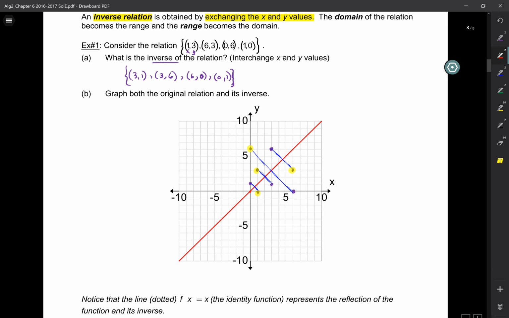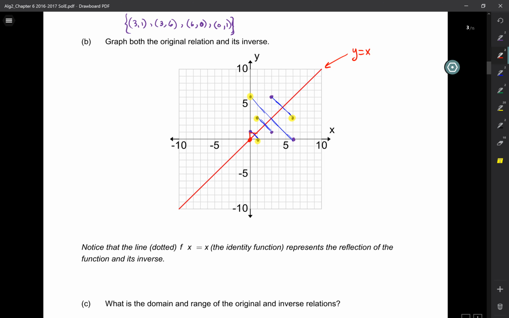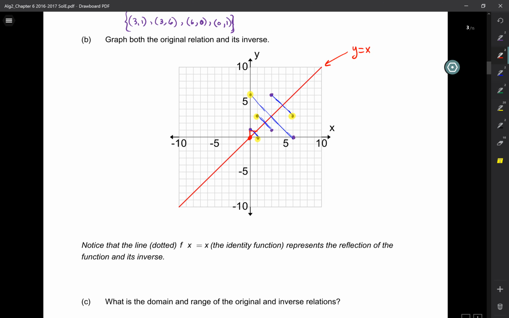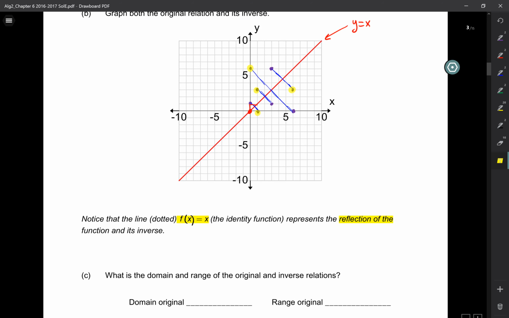What's the y-intercept of this line? The red line. What's the y-intercept? 0. And what's the slope? 1 over 1. So this is the line y equals x. All right? So for a function and its inverse, the line y equals x is always the line of reflection.